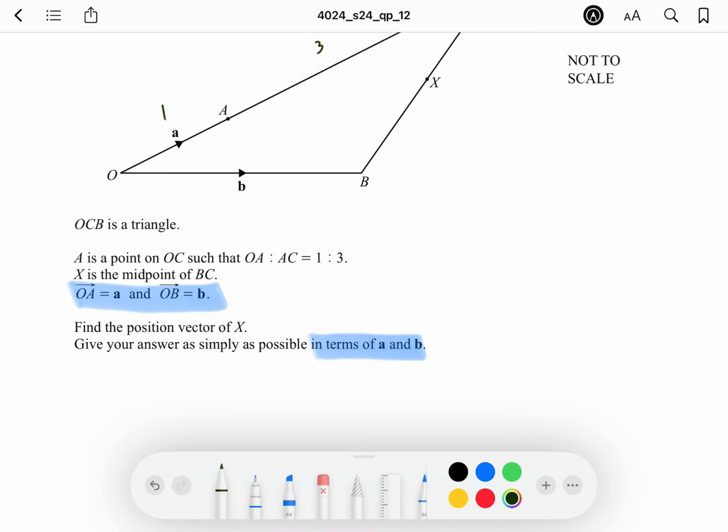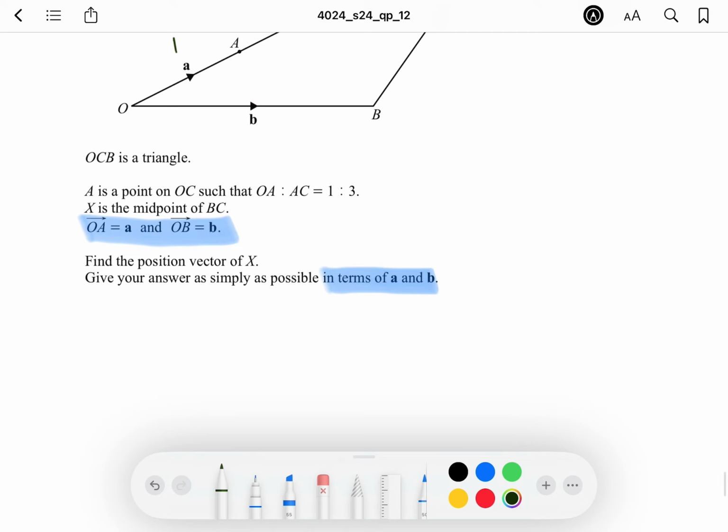So, this one you will not be able to get unless you know what the question is actually asking you to find. Yes, everyone can read "find the position vector of X". But what is the question actually asking you to find? What does position vector of X mean? There's a reason why they use the words position vector.